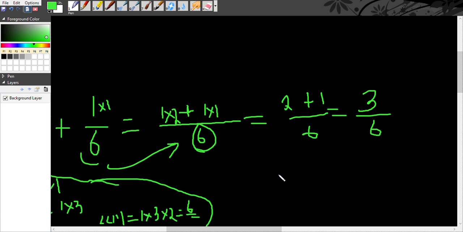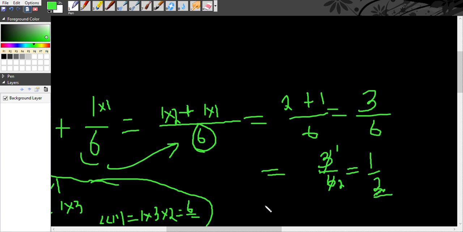So 3 over 6 can actually be simplified. How do we simplify that? We would say, how many times does 3 go into 3? It is 1. And how many times does 3 go into 6? It's 2. So the answer is 1 over 2.